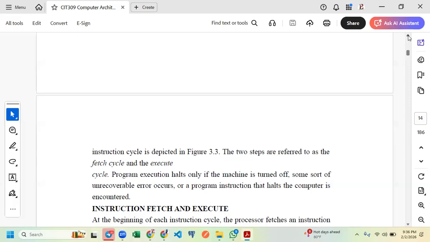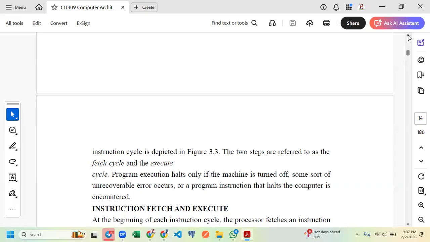When we look at a CPU, you will see the memory address register, which is responsible for allocating an address to a given instruction.